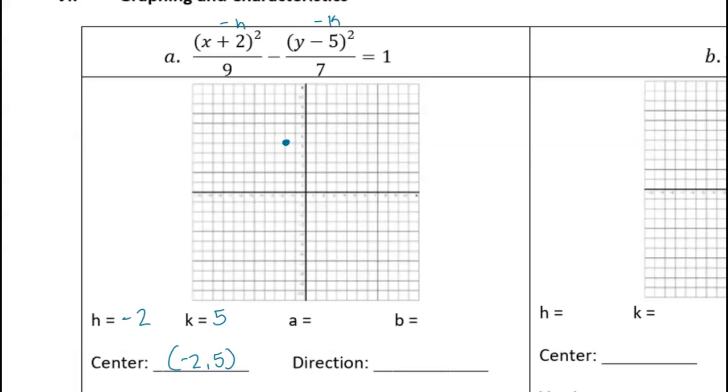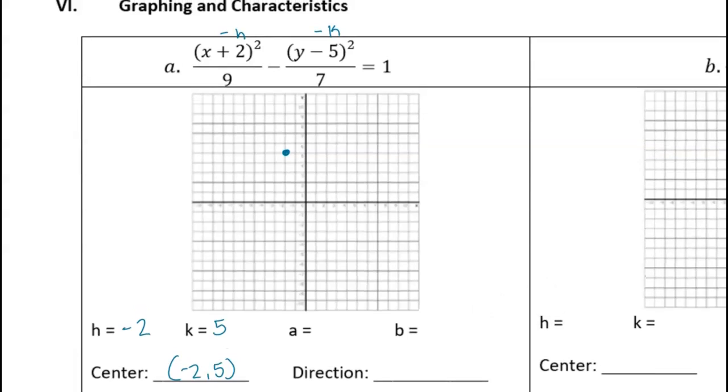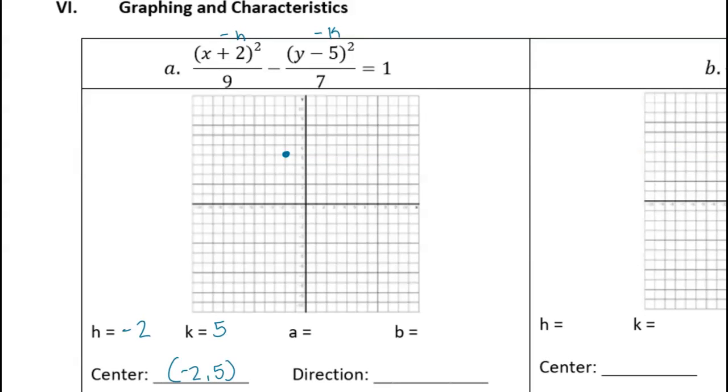Now, is this a horizontal hyperbola or a vertical hyperbola? Horizontal, yes. It is horizontal because your x term is the positive term. So this is horizontal. And I'm trying to solve for A, which one determines my A value? The 9 or the 7?